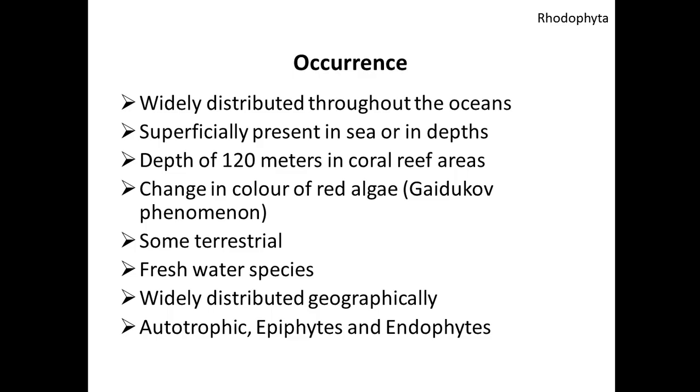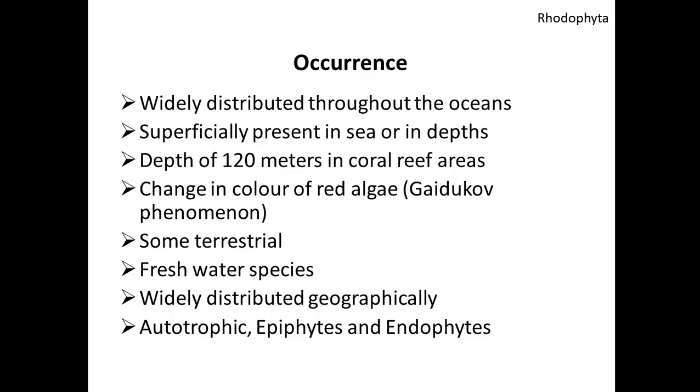Most of the red algae are autotrophic. Some are epiphytes, that is, they grow on the surface of other plants, or endophytes, that is, they live inside other plants. Those that are epiphytes or endophytes, some of these may be very pale in color or completely white, and it is presumed that they are in part, if not wholly, dependent on the host for their nutrition.